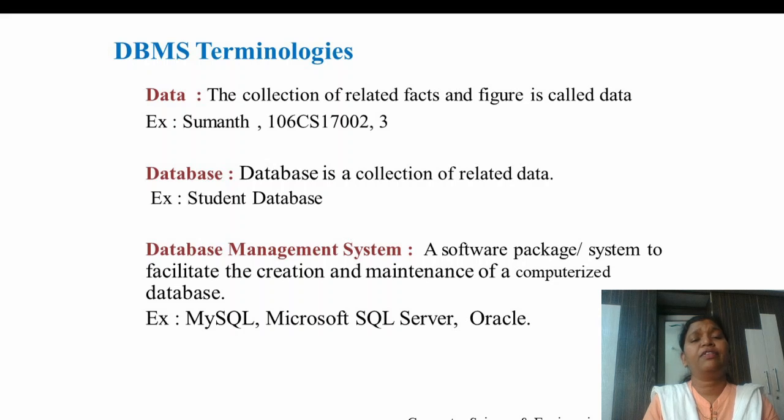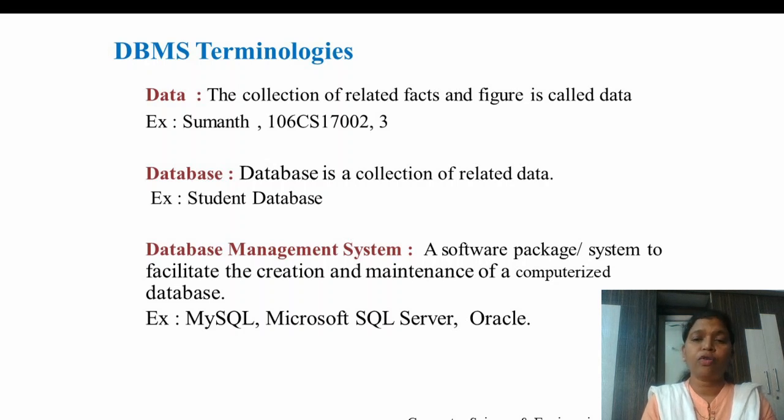Now, as we have differentiated data and database, let us come to the definition of database management system. We have a large amount of data, and we are relating that data into a database, and we need something to manage and maintain this data. That is where we have the database management system.